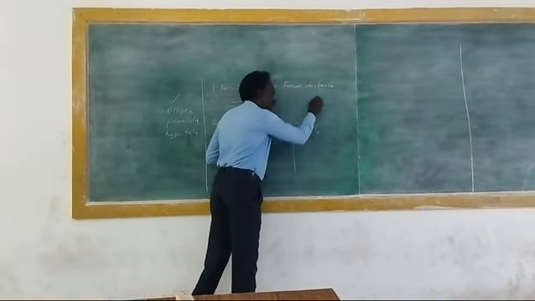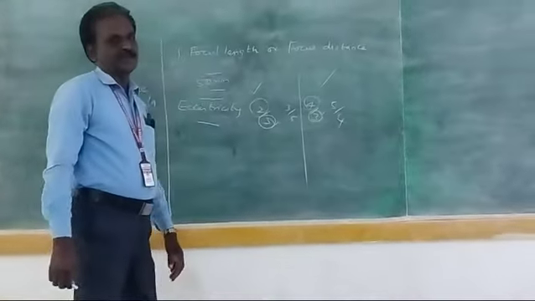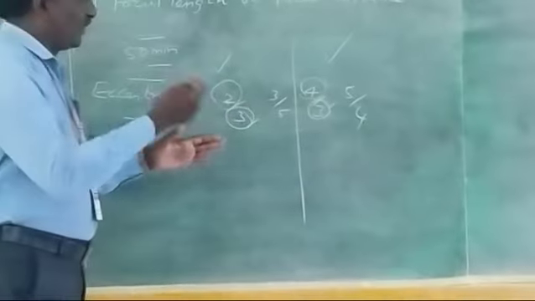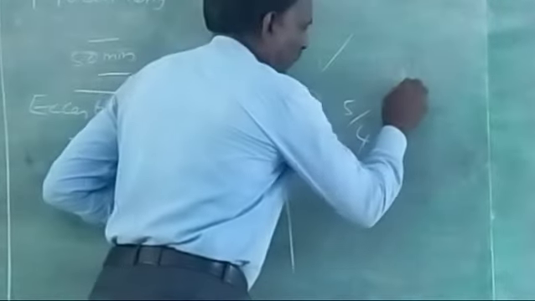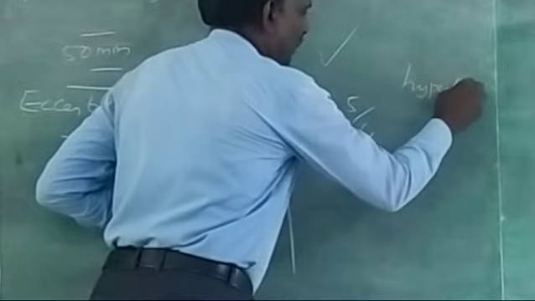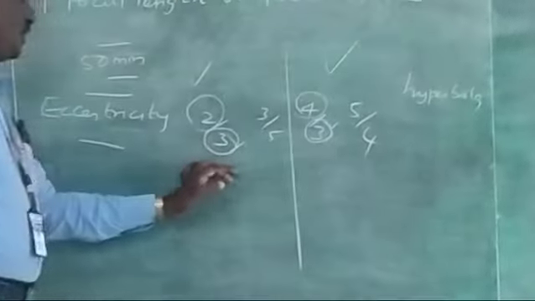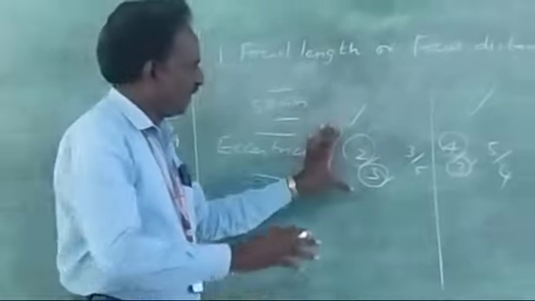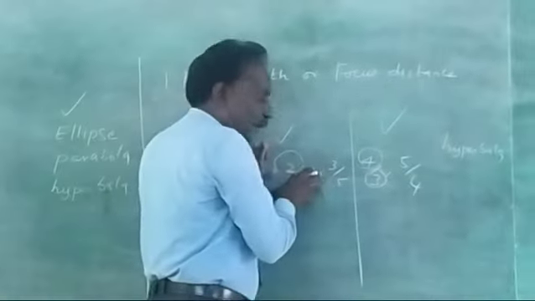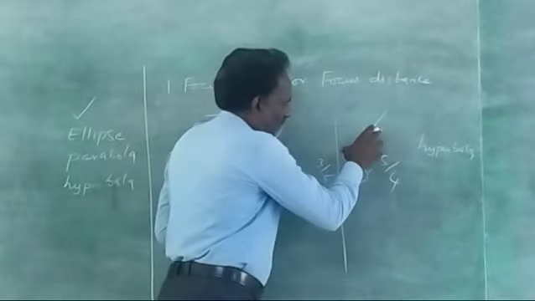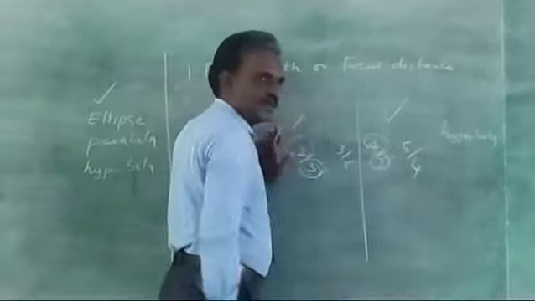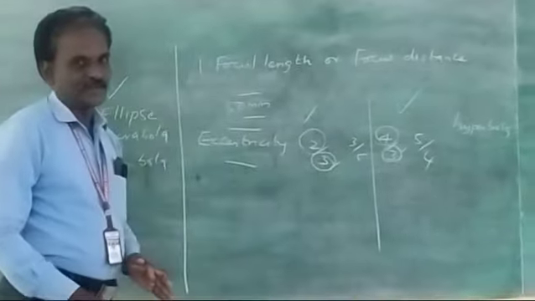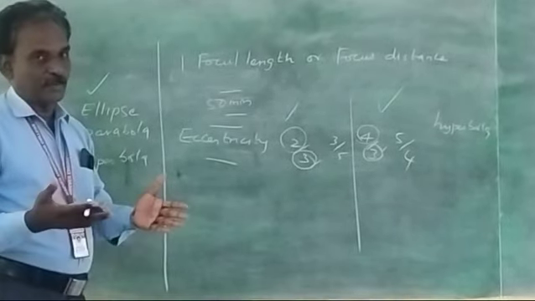If there is this type of fraction of eccentricity, the curve definitely will come as a hyperbola. So with 2 by 3, 3 by 4, we can construct the elliptical curve, ellipse. With 4 by 3, 5 by 4, we will construct the hyperbola curve.